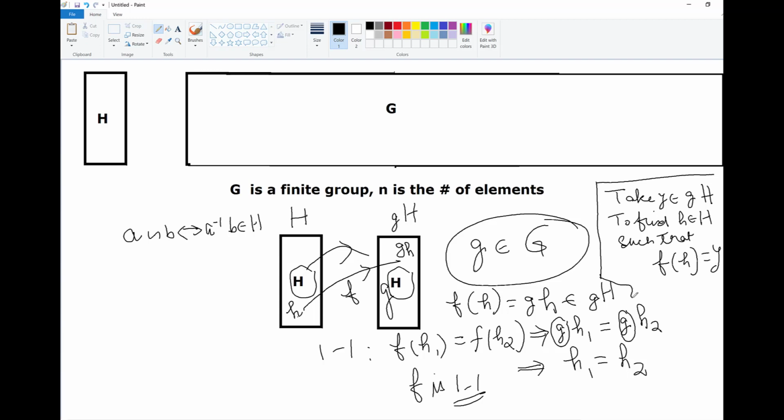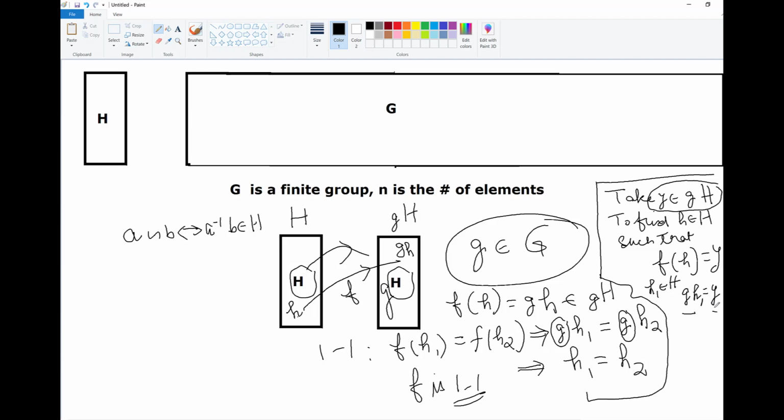All right, now let me just make some space here. So now you know y is in gH. So what will happen is that y will be of the form gh, right? For some element, let's just call it gh1. So we have h1 in H such that gh1 is y.